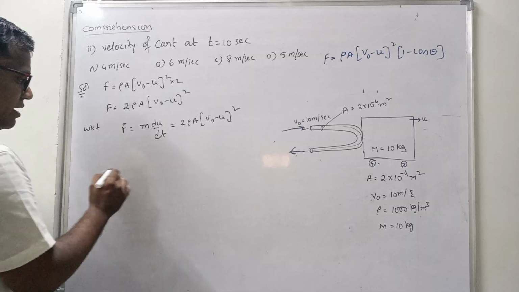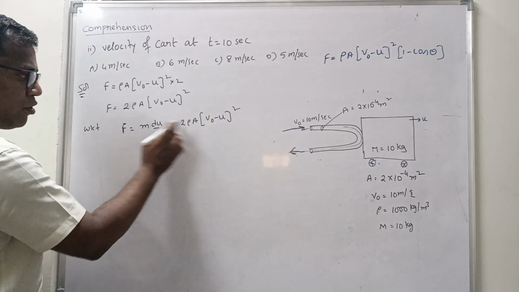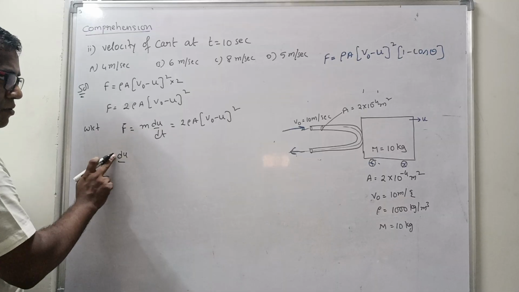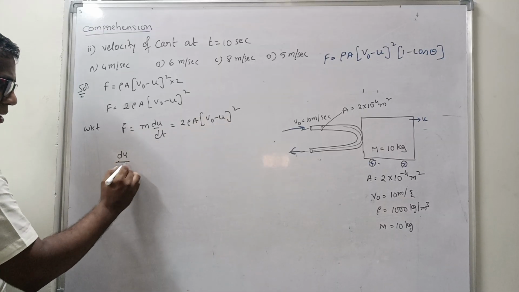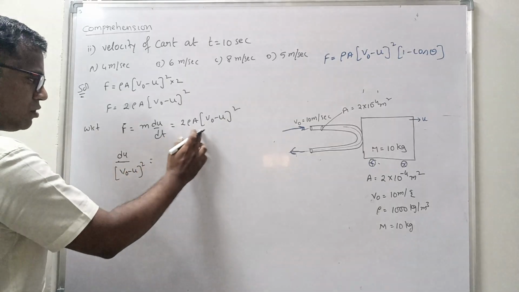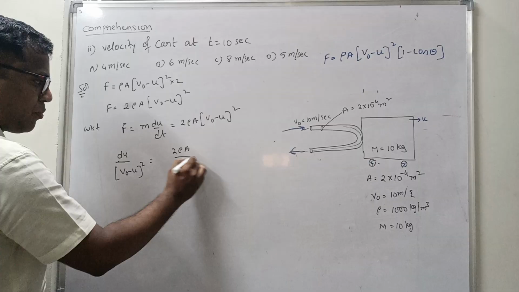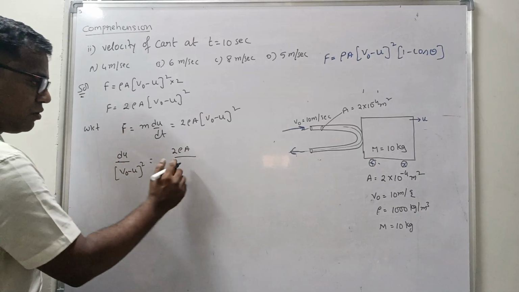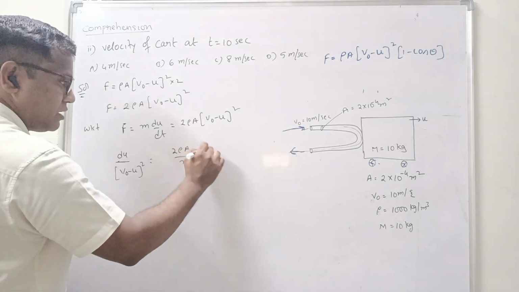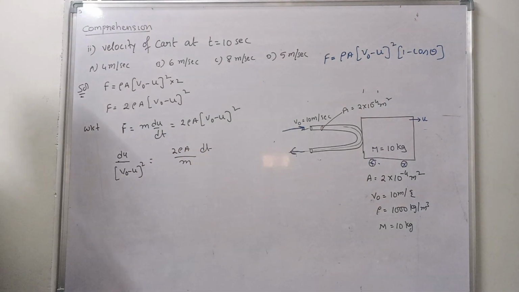So now I am going to modify the equation. So here du by (V naught minus U) whole square is equal to 2 rho A upon m, because m is multiplying here, it will go to the denominator, and dt is in the denominator, so it will go to the numerator. I hope you understood, right?